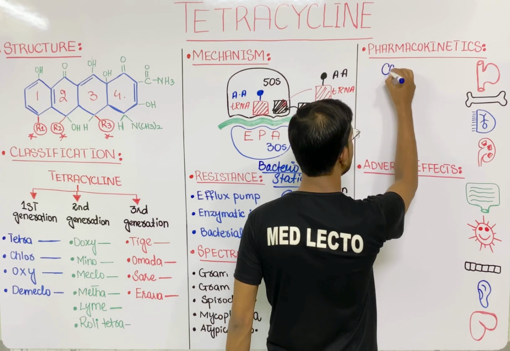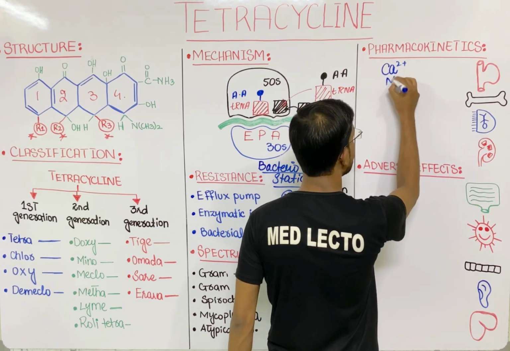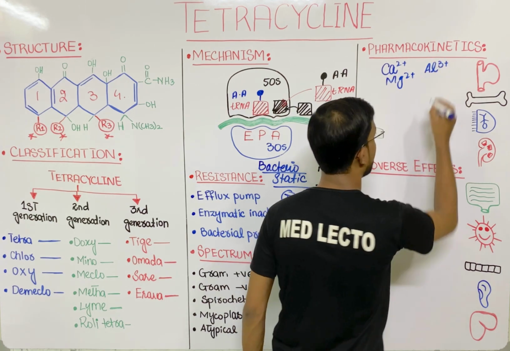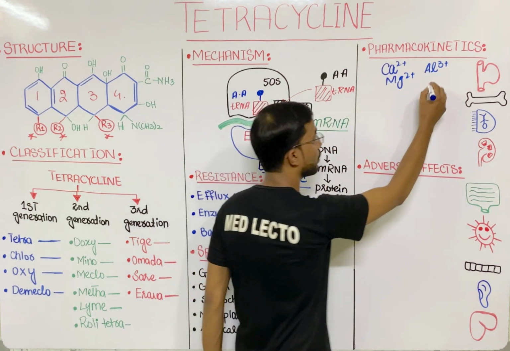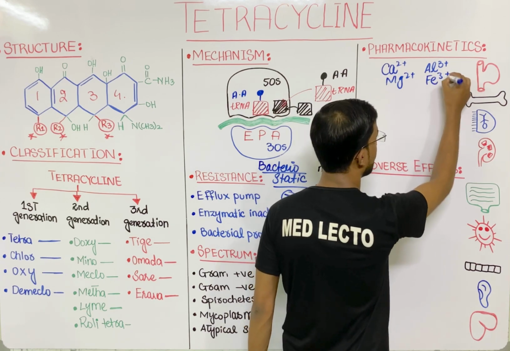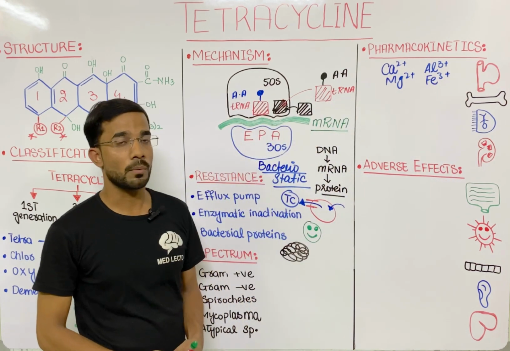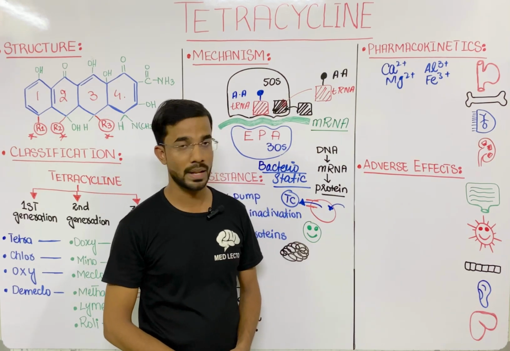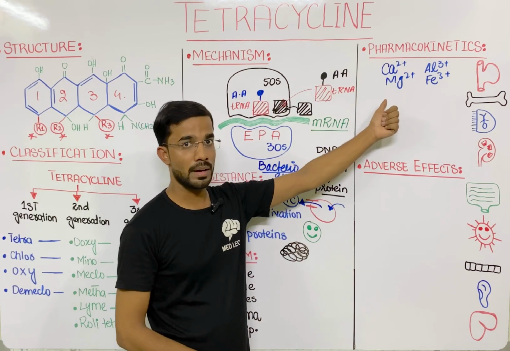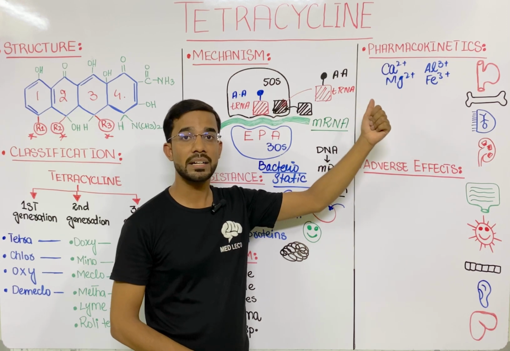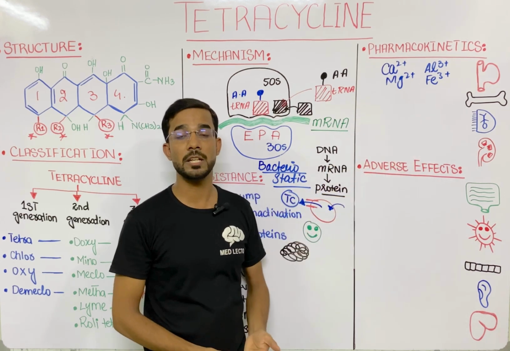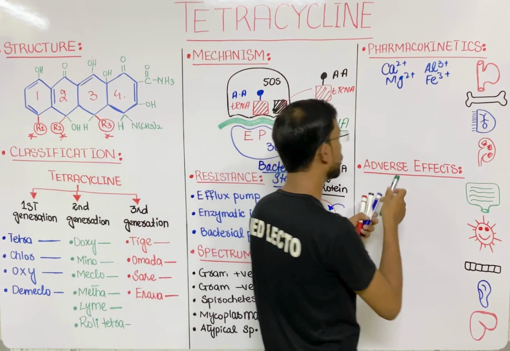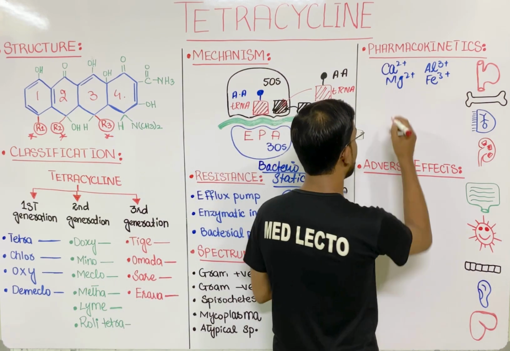Divalent like the calcium, magnesium, trivalent aluminium, and iron. So these substances can be present in the milk and the antacids. So basically these ions, divalent and trivalent cations that are actually present in the milk and the antacid will bind to the tetracycline.